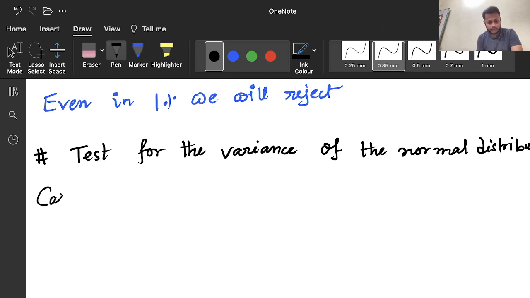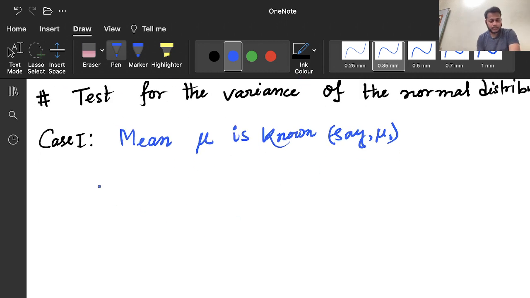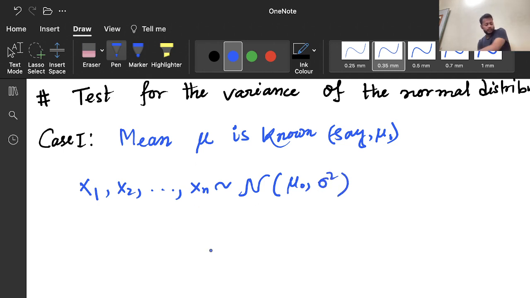So case 1: the mean mu is known, say mu0. Our observed data x1, x2, ..., xn follows, by our assumption, a normal distribution with mean mu0 and variance sigma square, and we don't know sigma square.